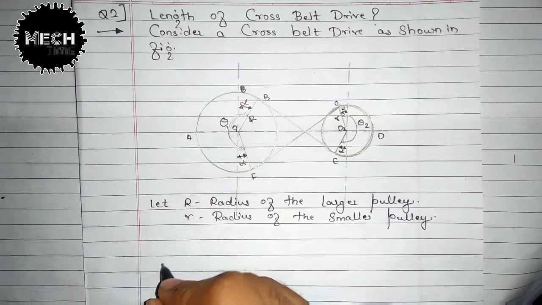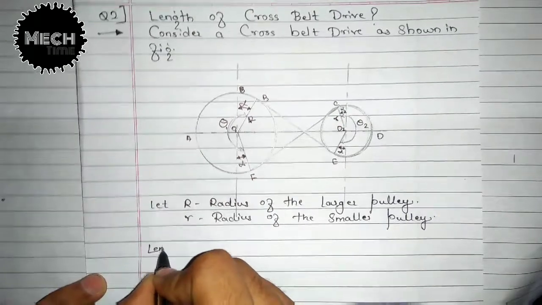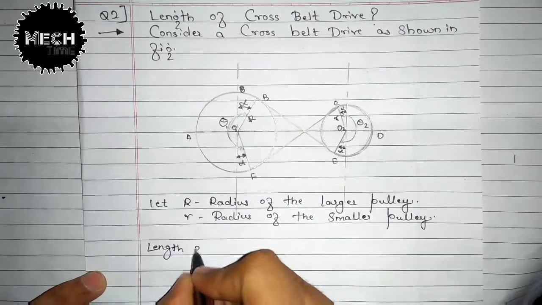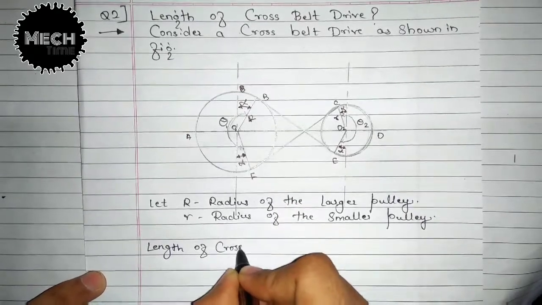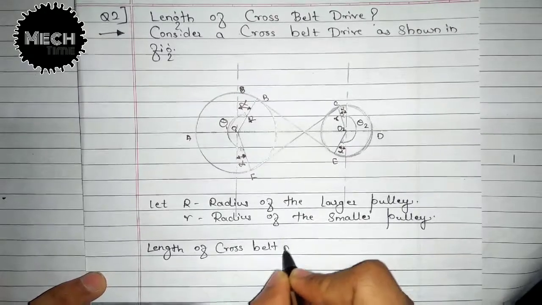So we'll now derive the length of the cross belt drive.